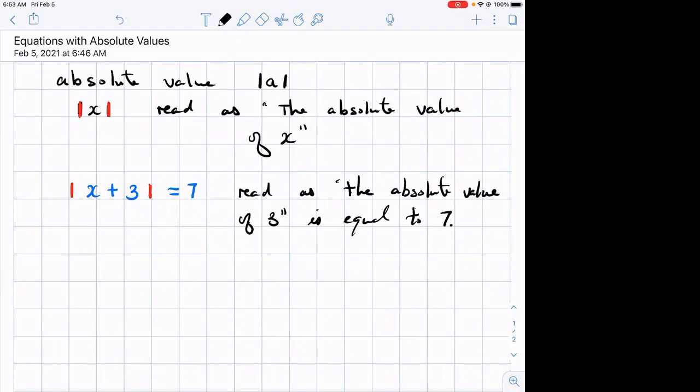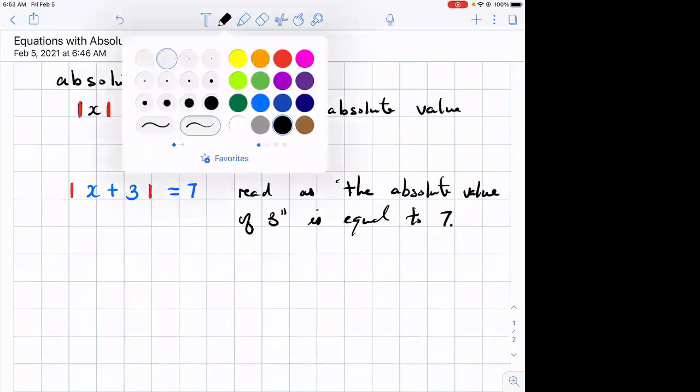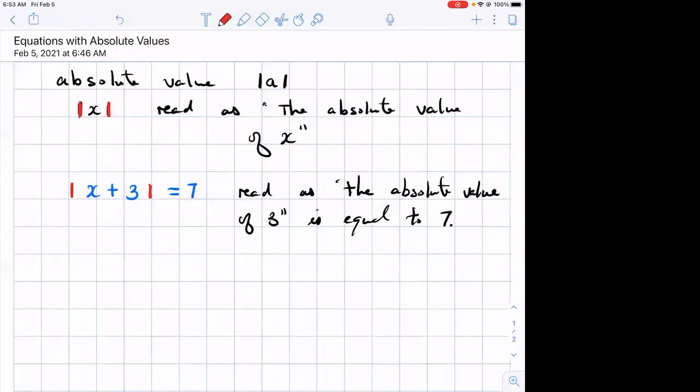Now, what is absolute value? Well, the absolute value really means the distance from zero. So absolute value measures distance from zero.